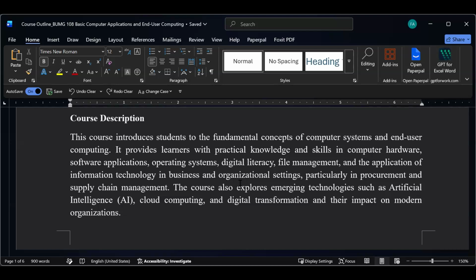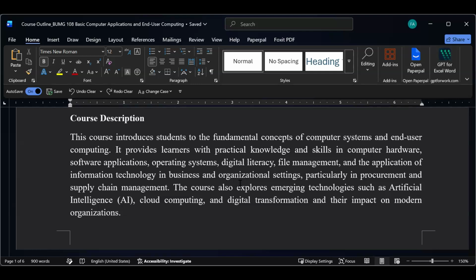Your skills in computer hardware and software applications, operating systems, your digital literacy, how to manage your files, and also the application of information technology in businesses and in organizational settings. So since you are procurement, are you procurement or human resource? Human resources. Okay, so we have to look at it from human resource.